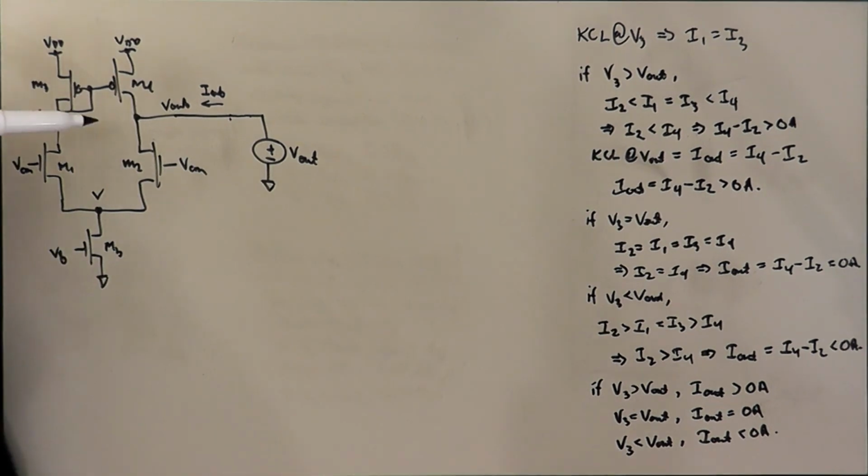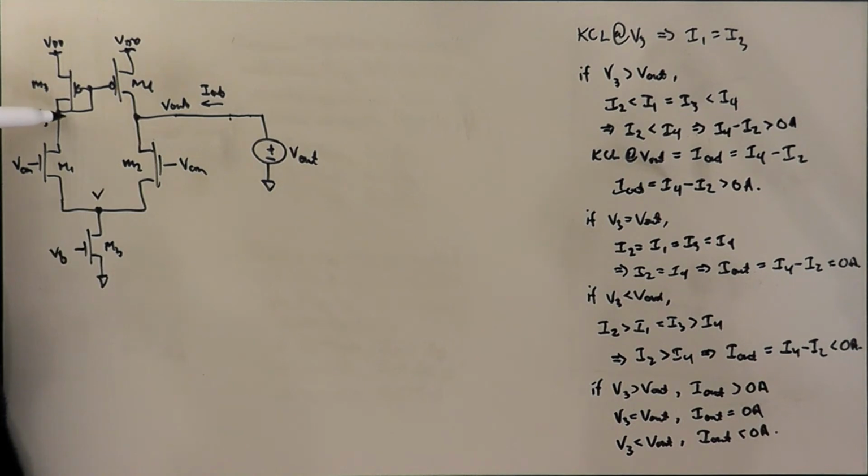We said I out is negative, so current's going to flow in. And if we let go, V out is going to decrease. That capacitance is going to be discharged, and it's going to fall until it's equal to V3.